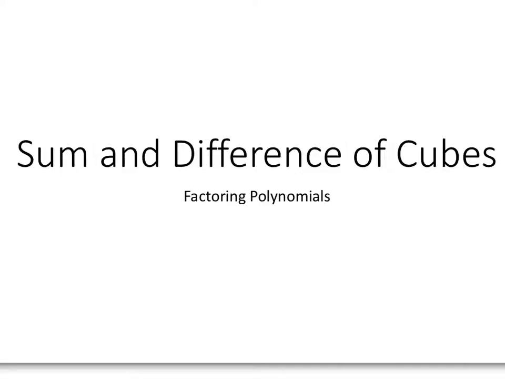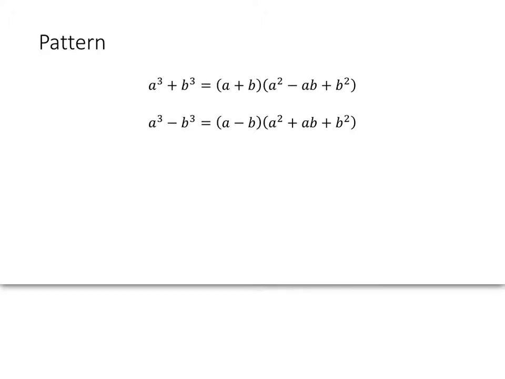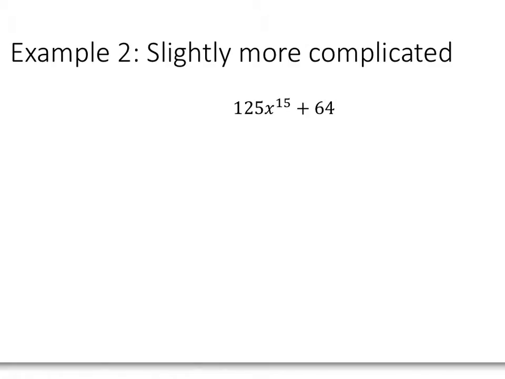Hello again. This will be a slightly more complicated example of using the sum and difference of cubes patterns. Once again, our direction is to factor 125x to the 15th plus 64.